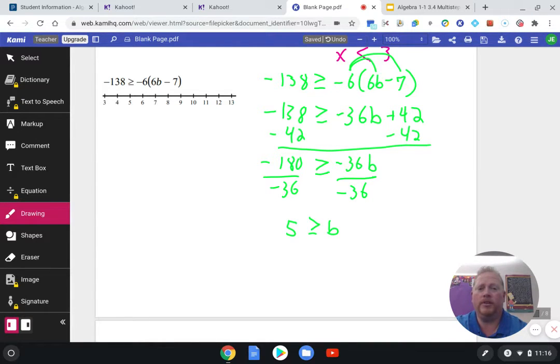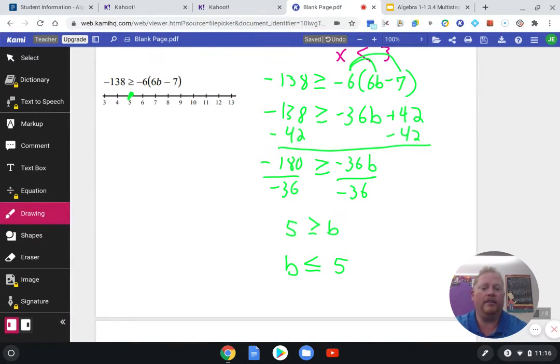So to graph it, we're going to start on 5 with a closed circle. And some people might think, oh, well, the arrow's pointing to the right, so let's shade to the right. But that only works if the variable comes first. So let's switch this thing around. See, the arrow is pointing at the b, so let's keep the arrow pointing at the b.